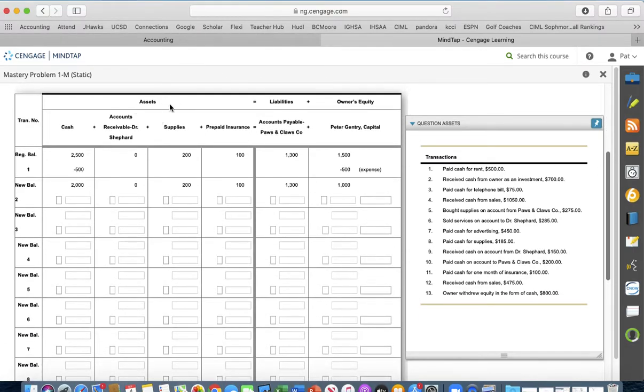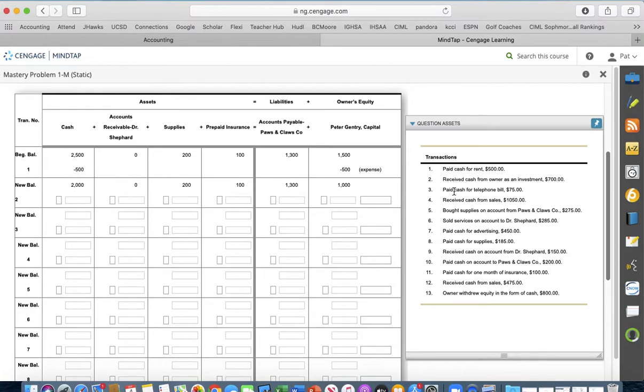We have the accounting equation up here. You have the line that defines it. Whatever you do on this side has to equal at the end what's on this side. For example, paid cash for rent. Rent goes down 500, capital goes down 500. You write the word expense because it's wanting to know what's being done to capital.